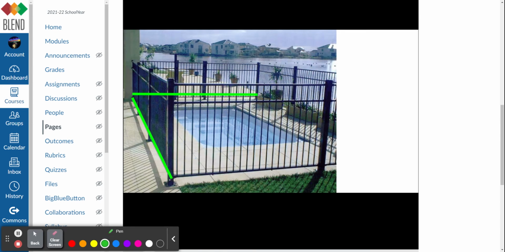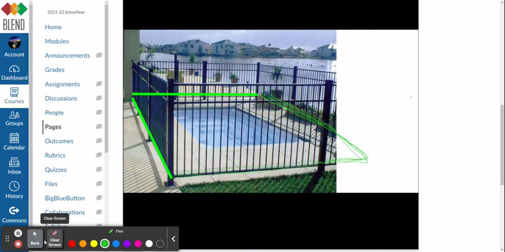So I'm going to make two more green lines. Mine are not as pretty. But there's the other side. And then finally, that last side goes this way. So, as you can see, if we had the full picture, there's your rectangle. It might look like a parallelogram right now. That's because of the angle that we took the picture at.